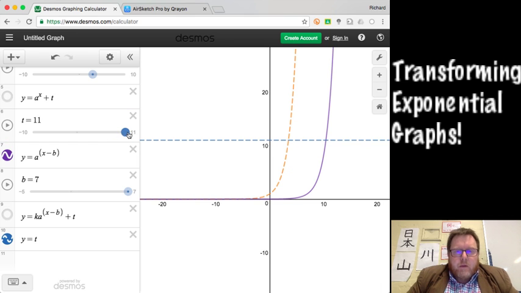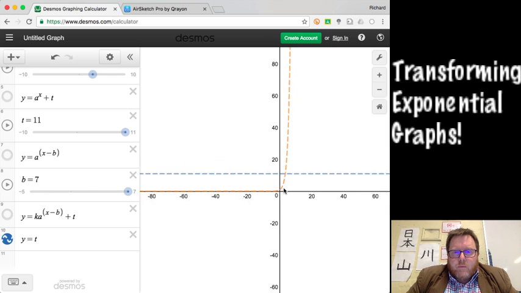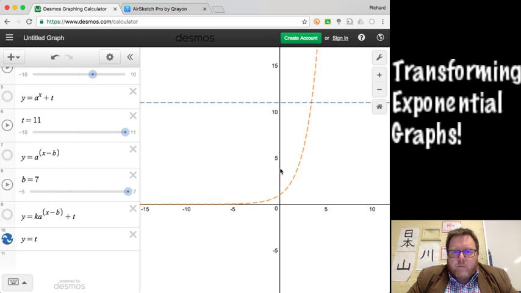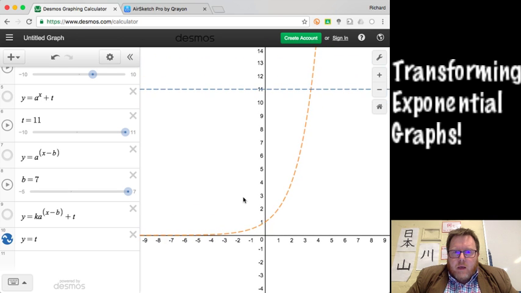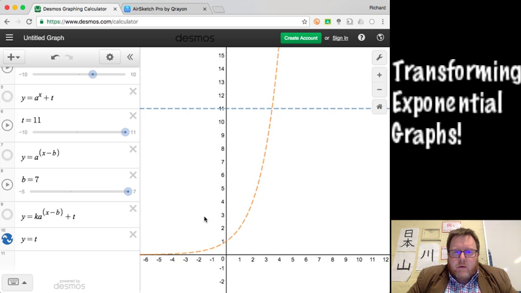There we go. So what would that look like? There's our basic graph. I'll just zoom in, like so, and just shift that over a bit. And our translated graph would look like that, with the horizontal asymptote being there. Okay, so we've gone up 10 units from 1.